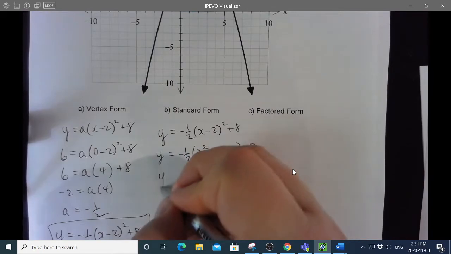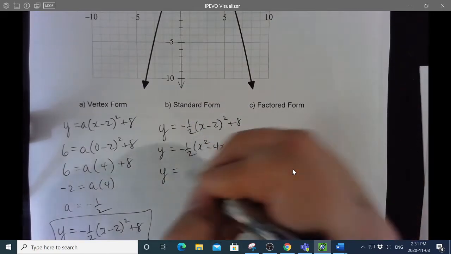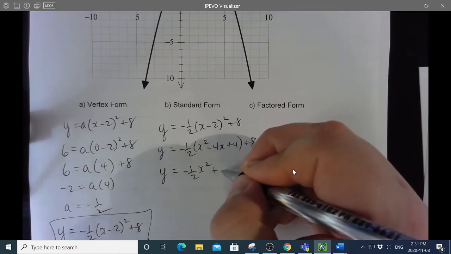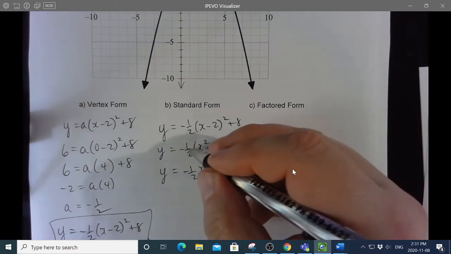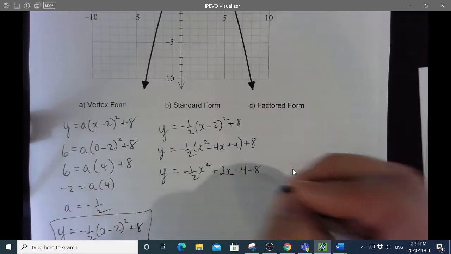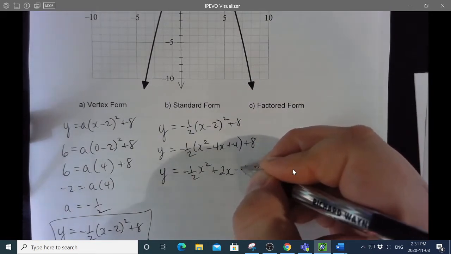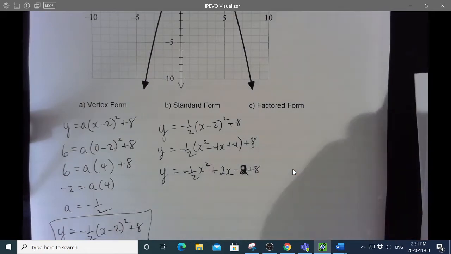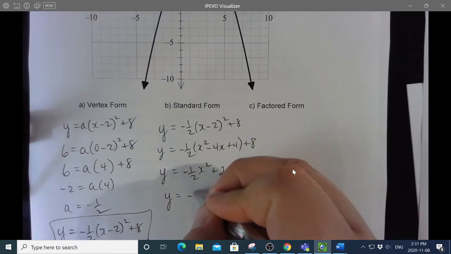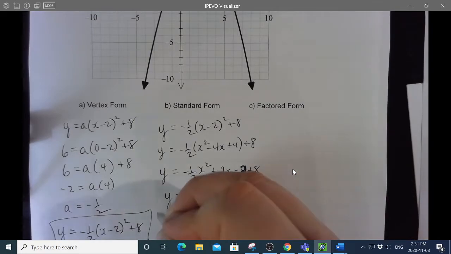And then y is equal to, let's see, I'm going to distribute that, so that's negative 1/2 x squared. Negative a half times negative 4 is plus 2x, and negative a half times 4 is, again, negative 4, but don't forget the plus 8, and I said that this should be, oh, wait a minute, I said there should be a 6. Oh, that's because half of 4 is not 4, it's 2. Duh. Good thing I checked. Oh, half of 4 is 4. Yeesh. Sorry, I need a nap. So that's negative 1/2 x squared plus 2x plus 6.